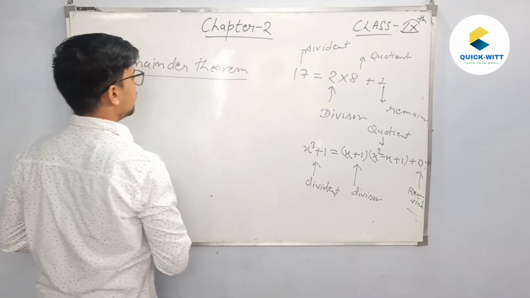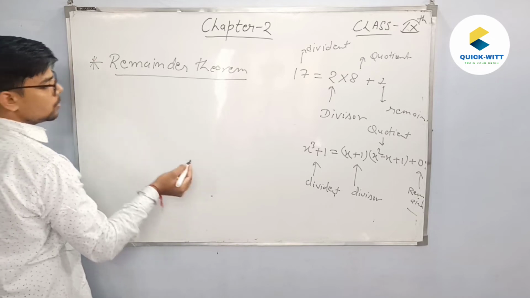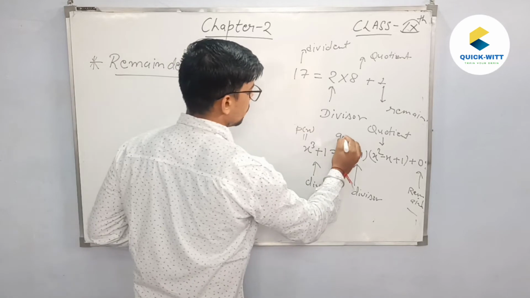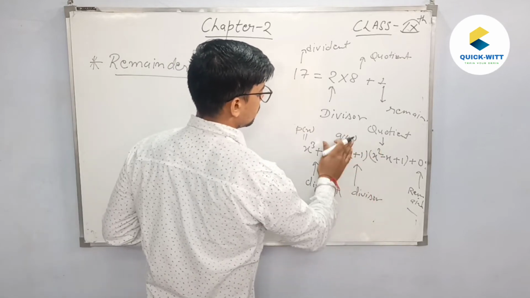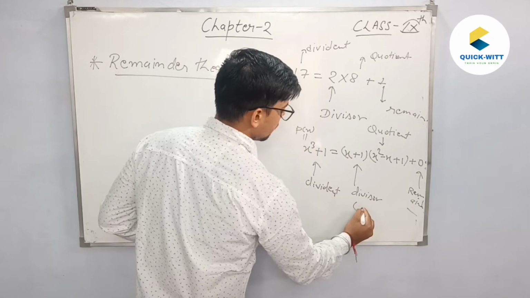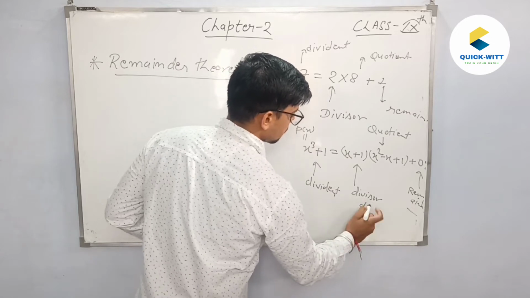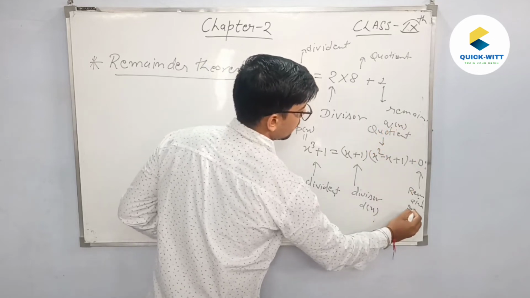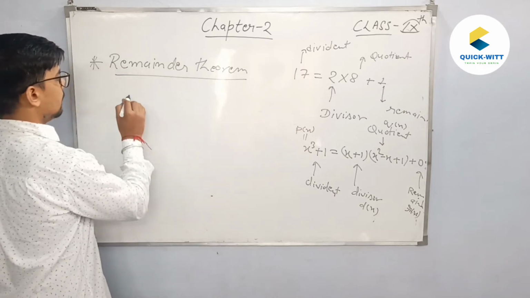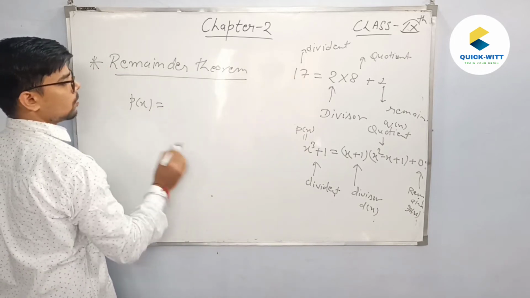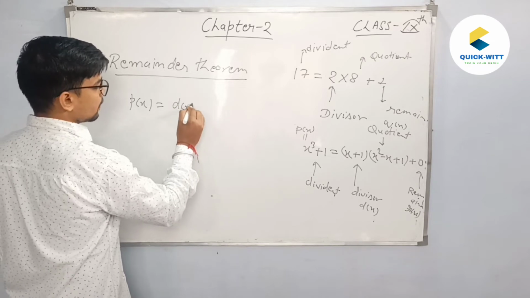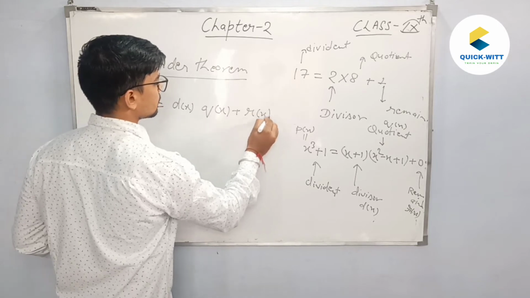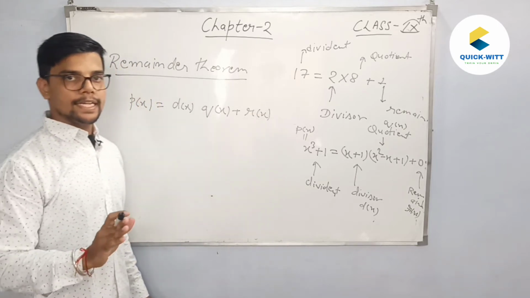So I can write here, I can denote the dividend by p(x), divisor by d(x), quotient by q(x), and remainder by r(x). So what will I get? P(x) equal to d(x) into q(x) plus r(x). Okay, understand?